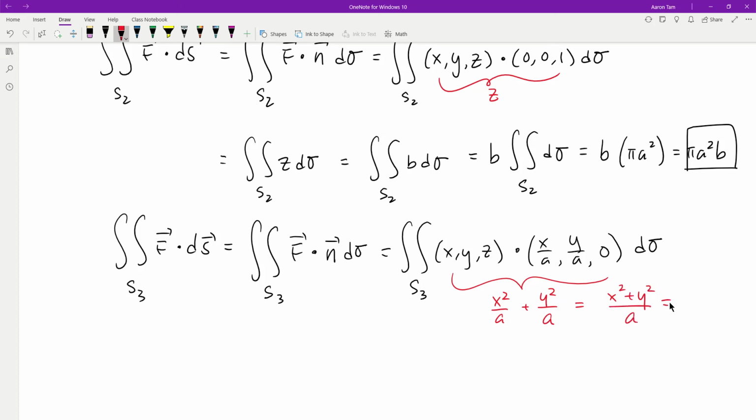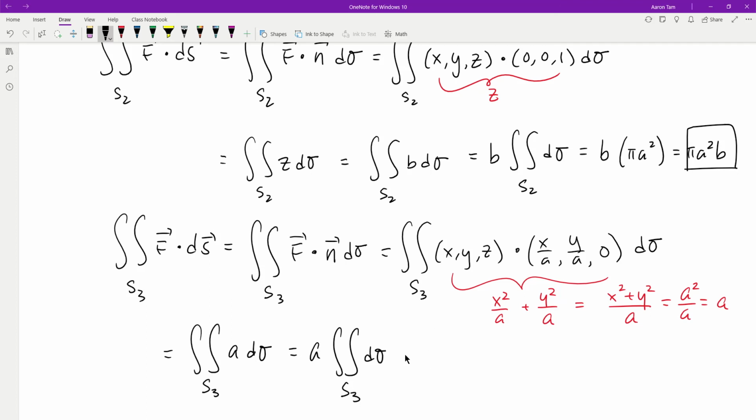And remember, on S3, x squared plus y squared is equal to a squared. So that just comes out to be a. Therefore, this is just equal to the double integral over S3 of a d sigma, which, just like before, I'm going to pull out the a. And once again, what does the double integral over S3 of d sigma represent?